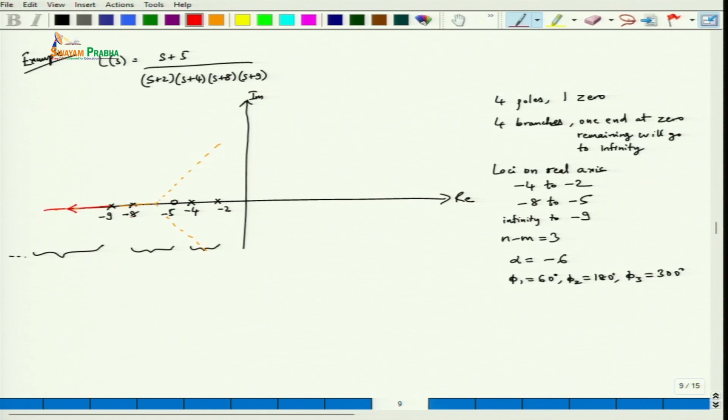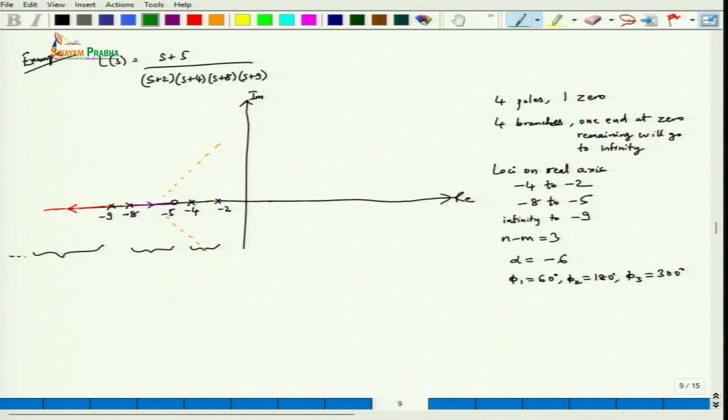Then the other one, that is at -8, will directly go along to this particular zero.